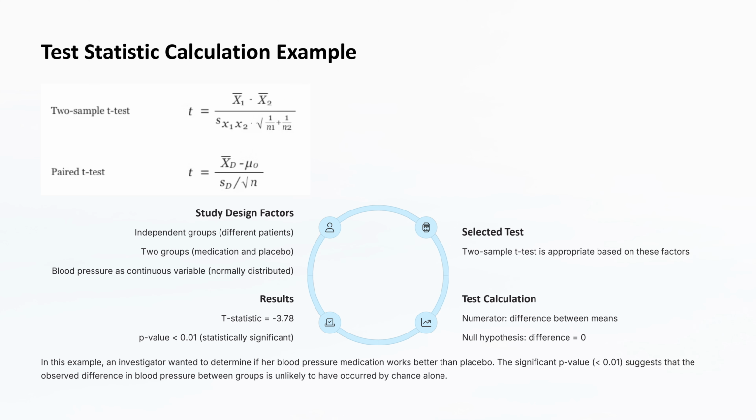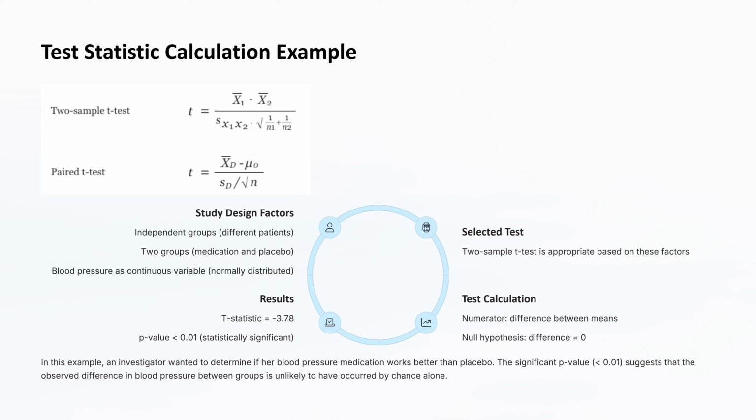Let's take a look at a test statistic calculation example. And no, you don't need to memorize these formulas or even do them, but they're here for your own information. So if you had a study design where you're trying to figure out which test statistic to implement, then this one, the study design, is independent groups. So they're from different patients, okay? It's not a paired or a crossover study.